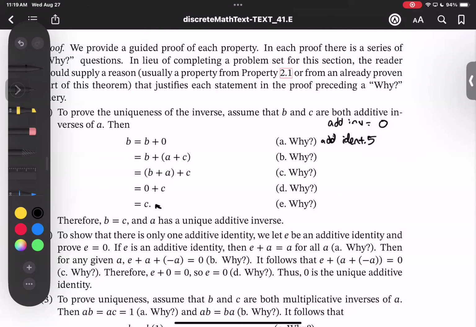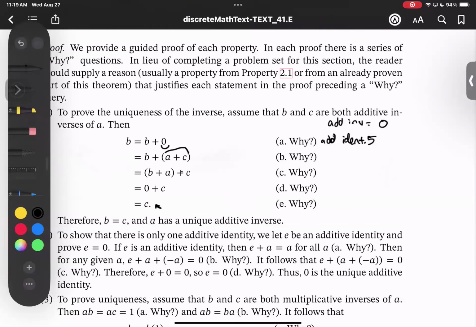So additive identity. And then we look at b, and then we get to a step b plus a plus c. And so in this step, we've replaced 0 with a plus c. This is because we assume that b and c are both additive inverses of a.